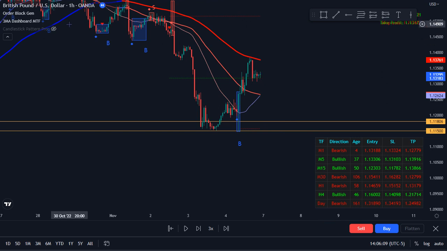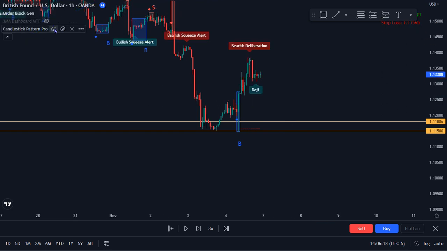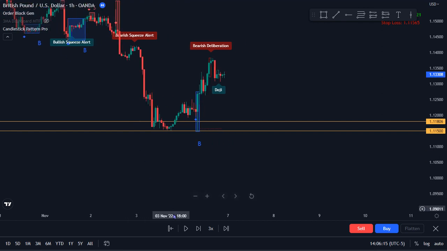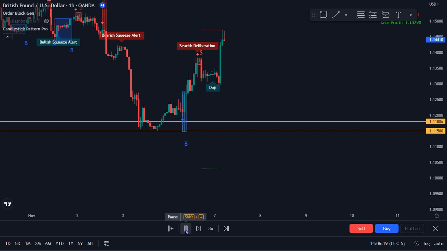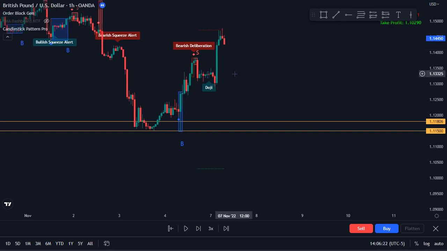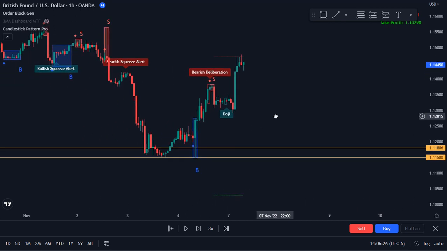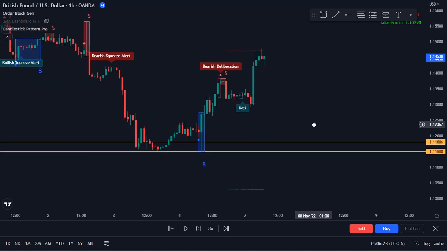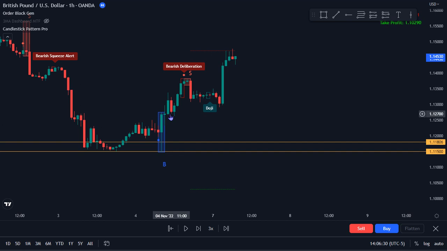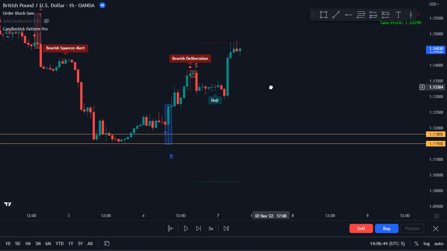Now, actually, as I hide this, I now want to bring up the Candlestick Pattern Pro, and we'll see some of these bullish candlestick patterns form along the way up. So that is giving us some more confirmation for bullishness.